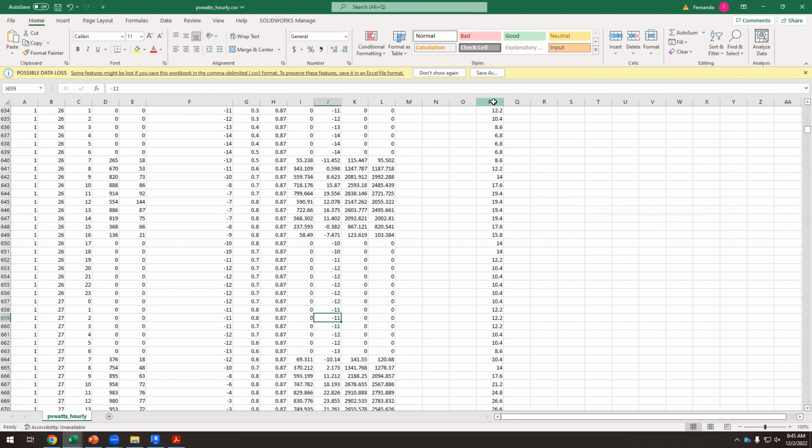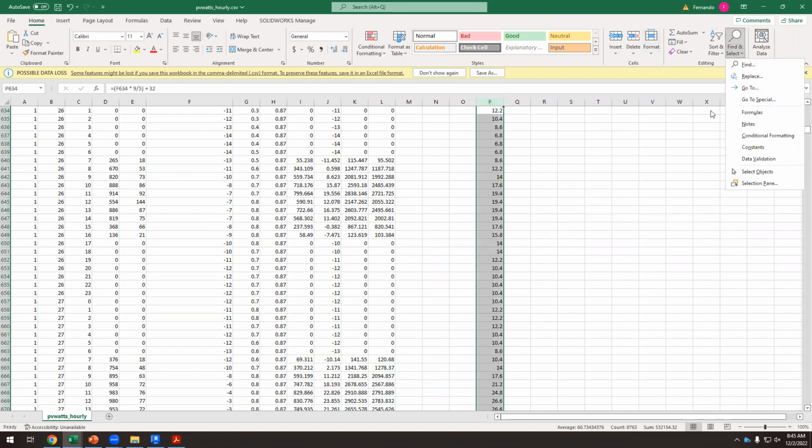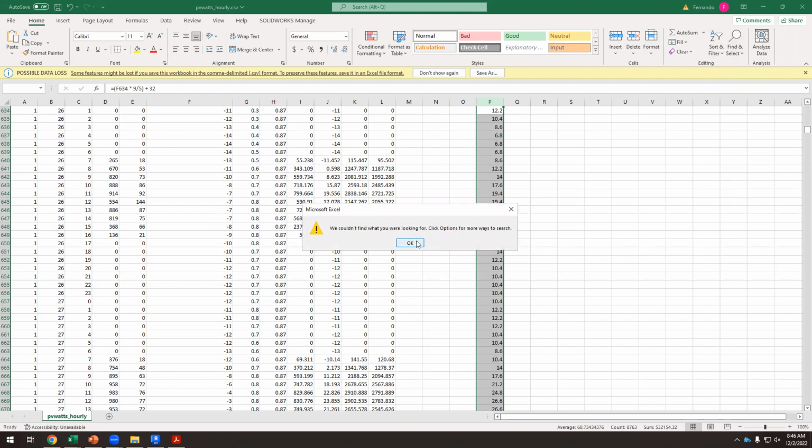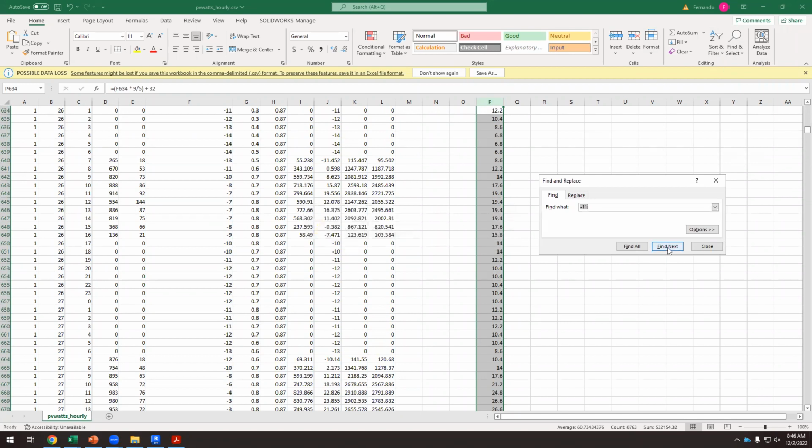Weird. I'm going to close and I want to find only this column. Because it's technically not that number. I think it's because there's a formula there.